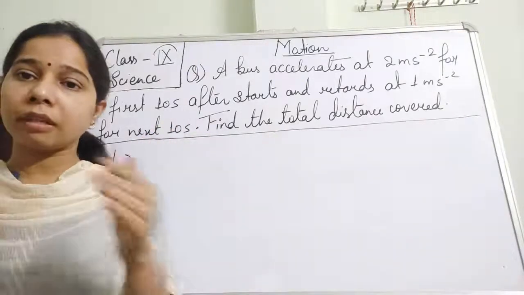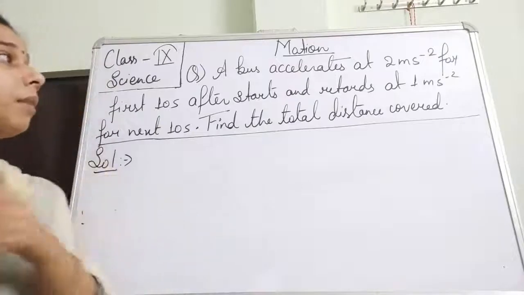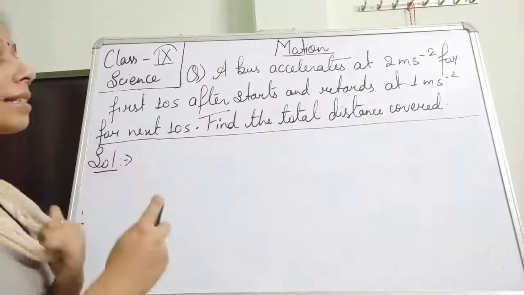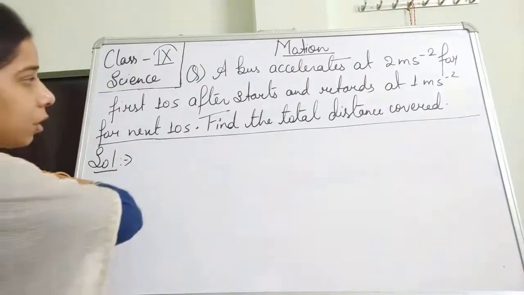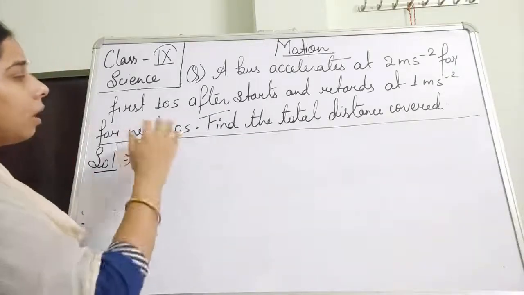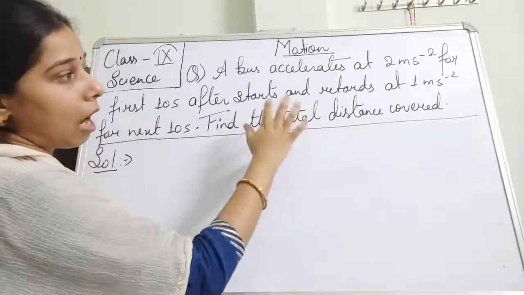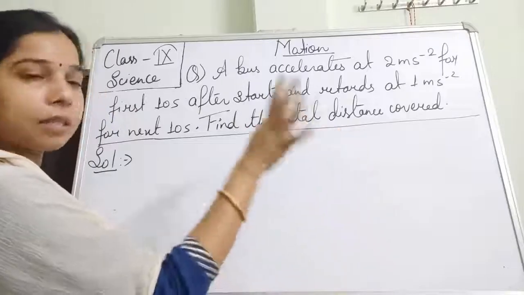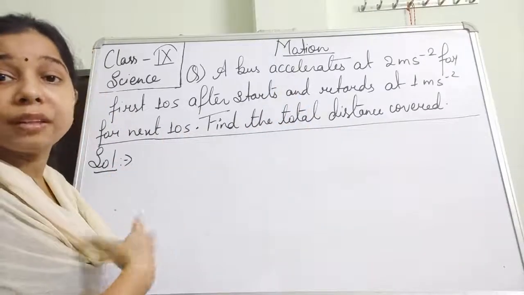So at first when it starts, at that time it acquires an acceleration of 2 meter per second square, and then after 10 seconds, for the next 10 seconds it starts retarding. Now we have to find the total distance.